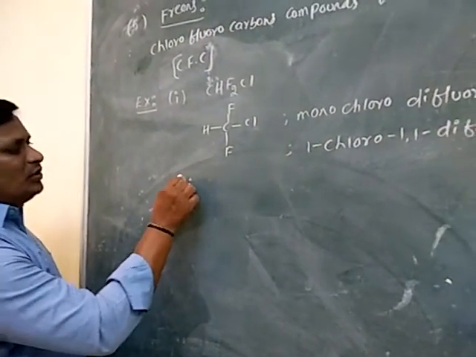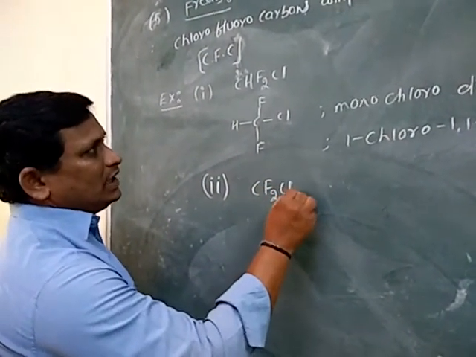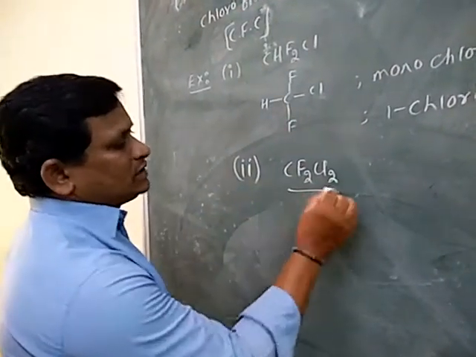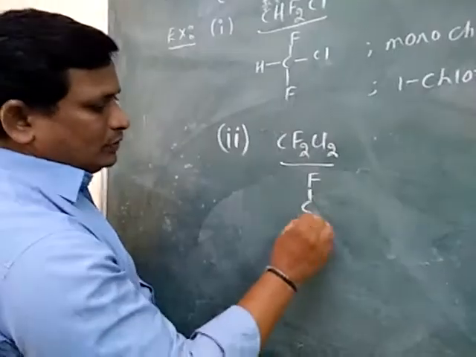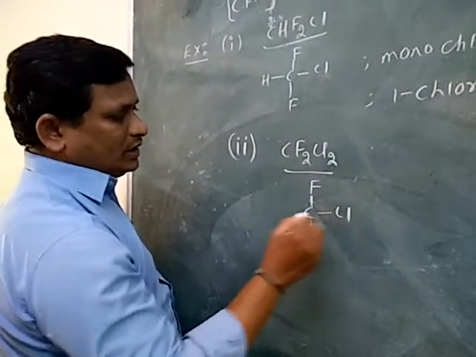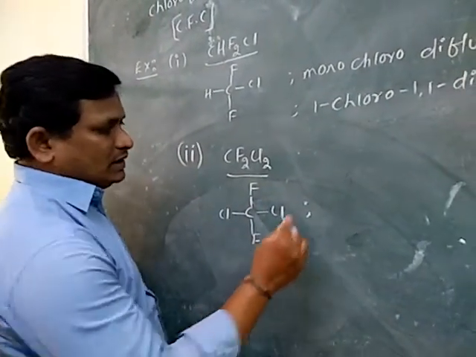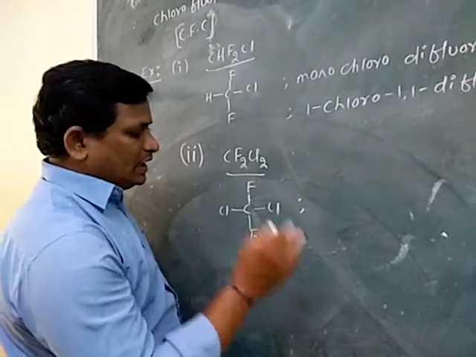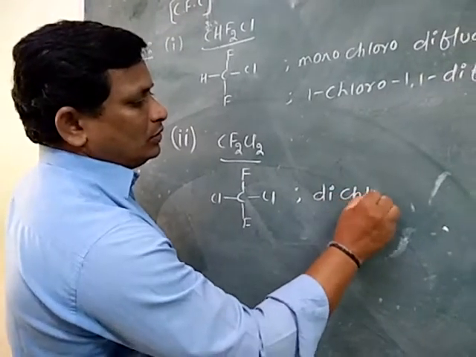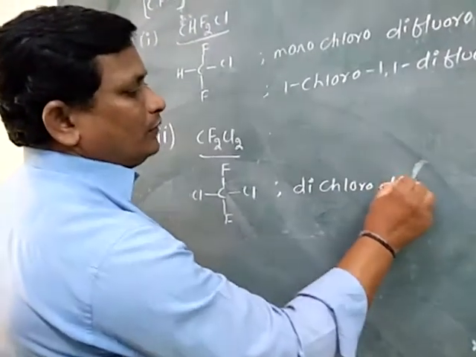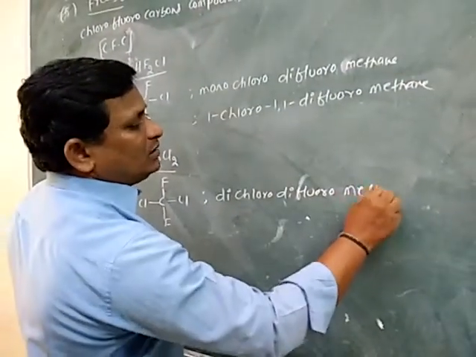The second example of the prions is CF2Cl2. Its arrangement is carbon, fluorine, fluorine, chlorine, and chlorine. Its common name is dichlorodifluoromethane.